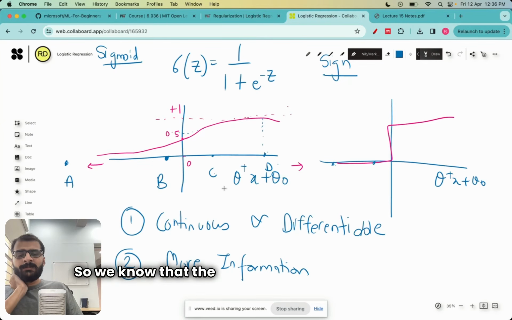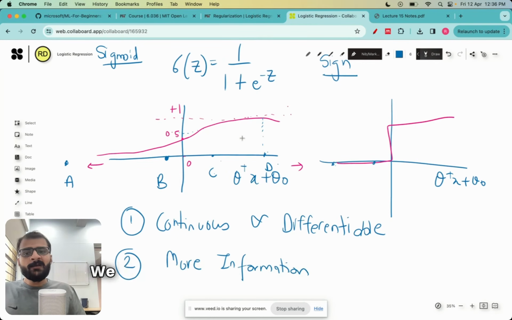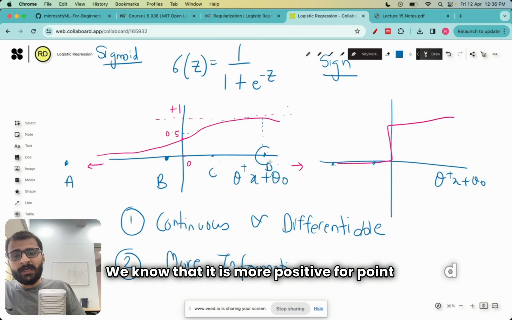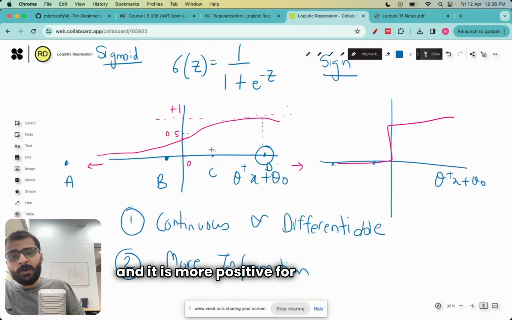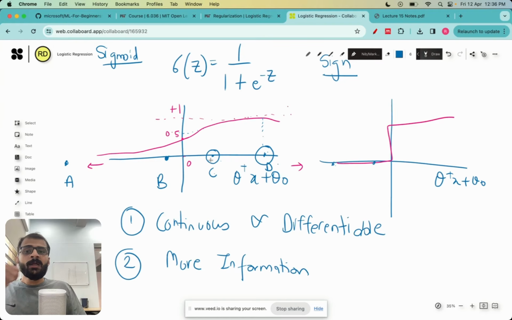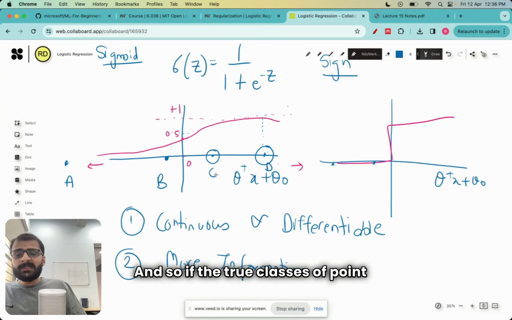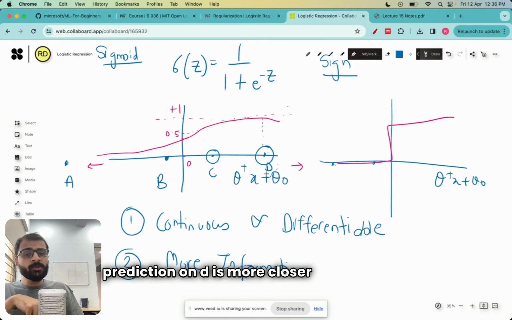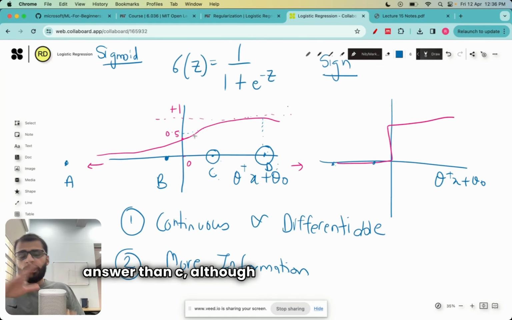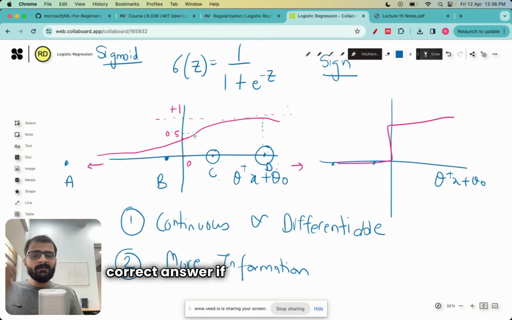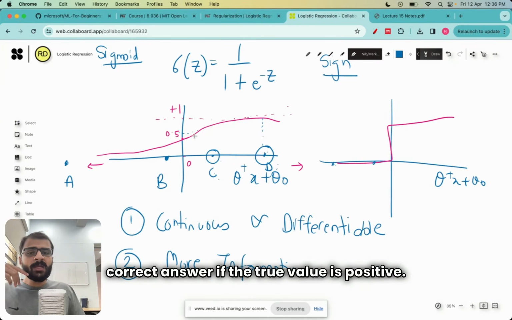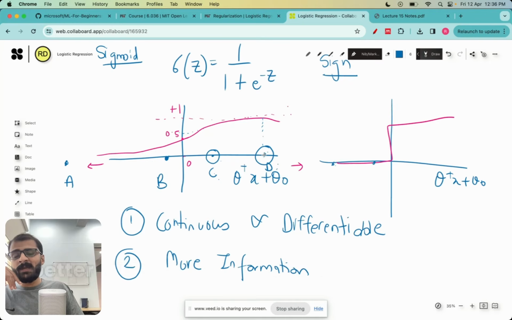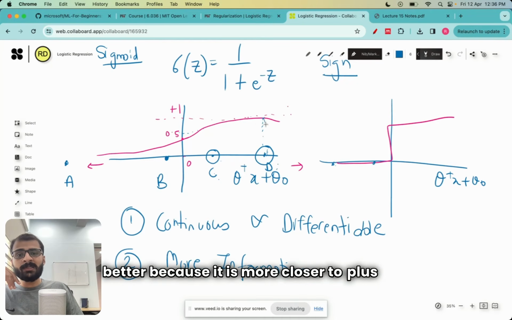So we know that the hypothesis value is positive for both these points, but we also know something more. We know that it is more positive for point D than for point C. And so if the true classes of point C and D were positive, we would know that the prediction on D is closer to the correct answer than C. Although both of them would give the correct answer if the true value is positive, we know that the prediction for D is better because it is closer to plus 1.